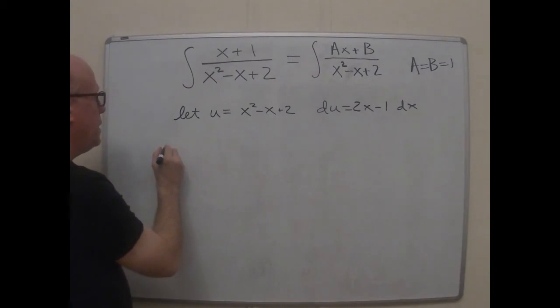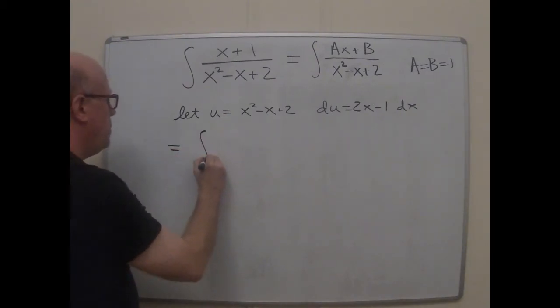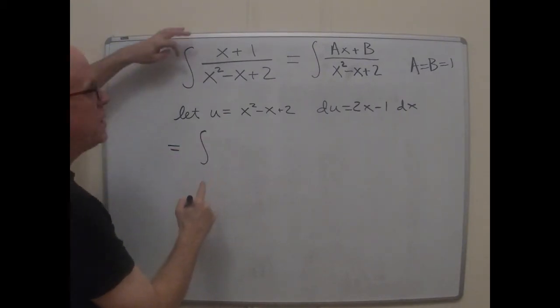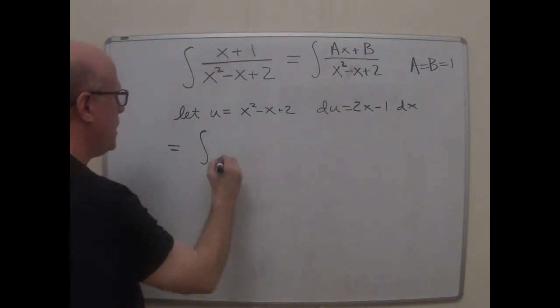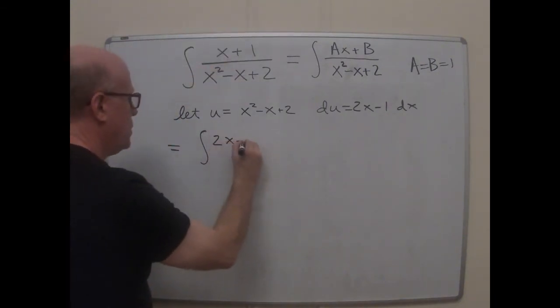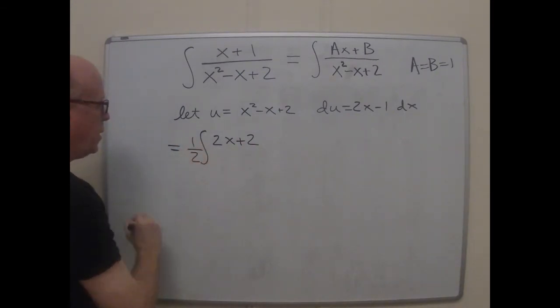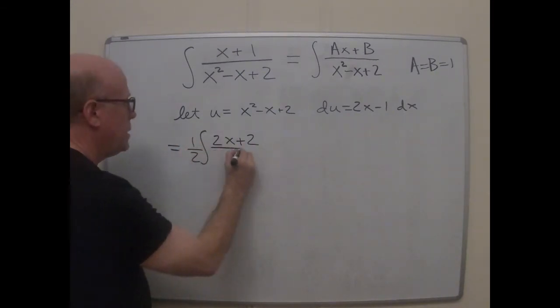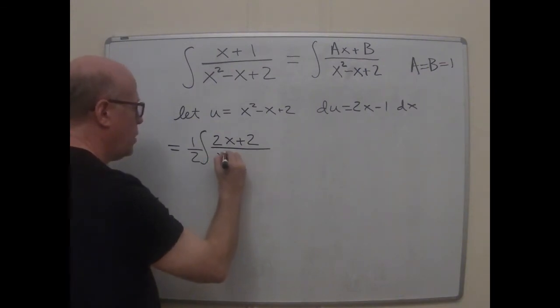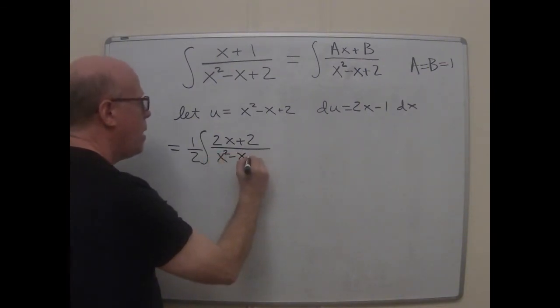So this integral can be, let's see, the first thing I'd like to do is just double everything in the top. So 2x plus 2 in the numerator. Well, that means to keep things balanced, we'll have a half out front, and then the same denominator we've had all along, x squared minus x plus 2.